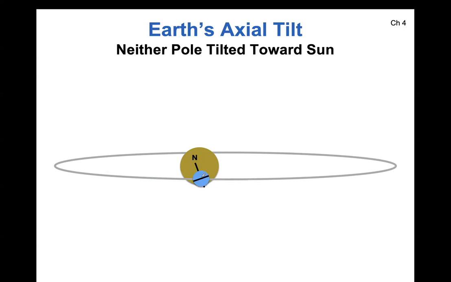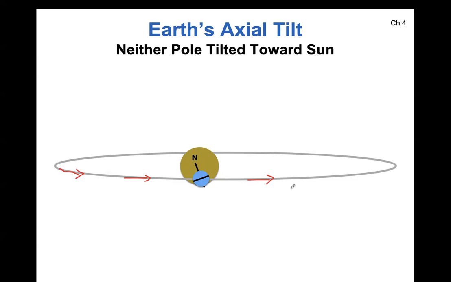If we were to look at the orbit from straight above, we would see that the tilt of the pole is essentially along the path of our orbital direction. The planet is moving along its orbit in the counterclockwise direction, and at this instant, the tilt is in that same line of motion.